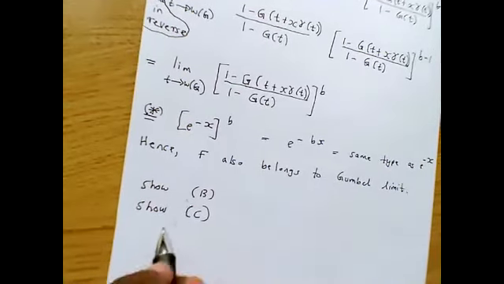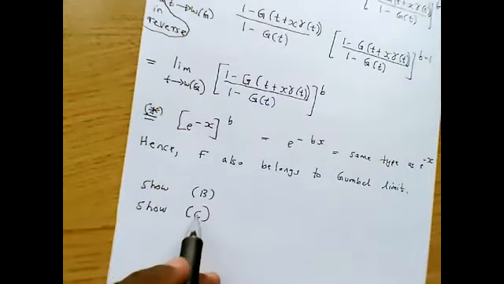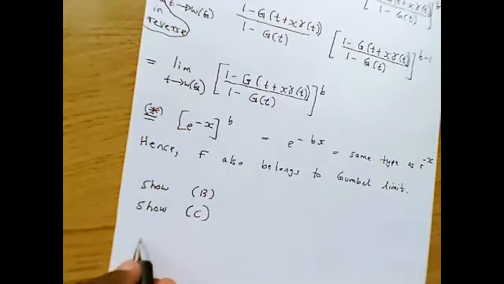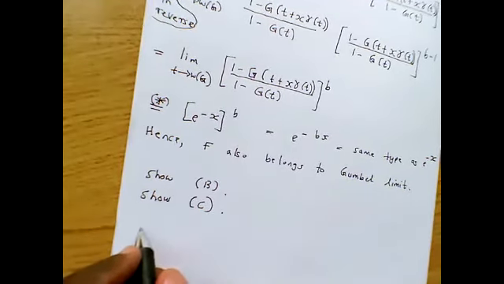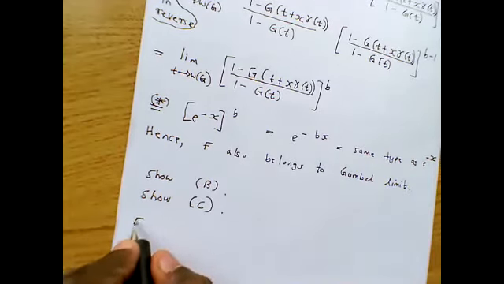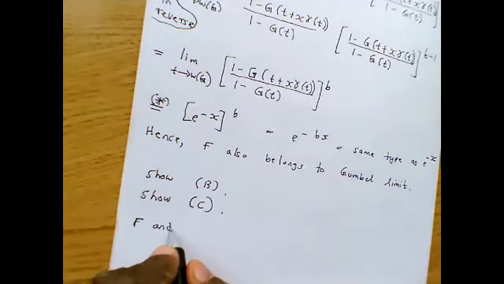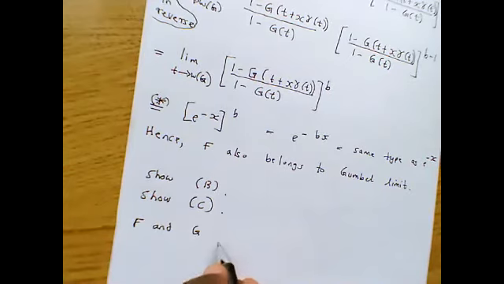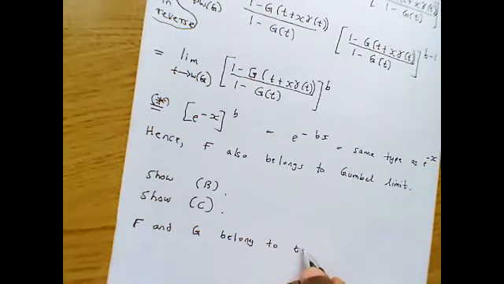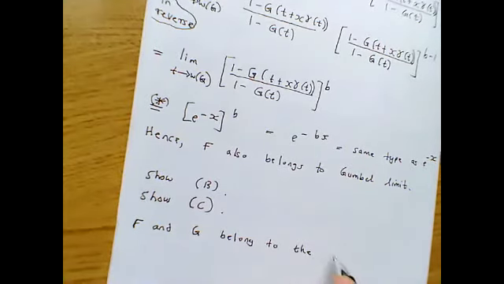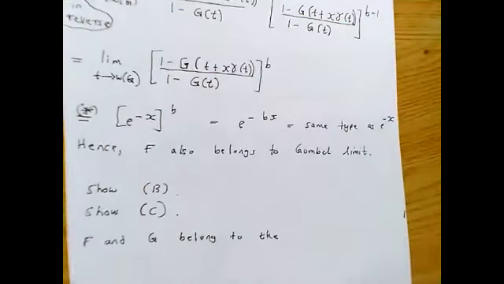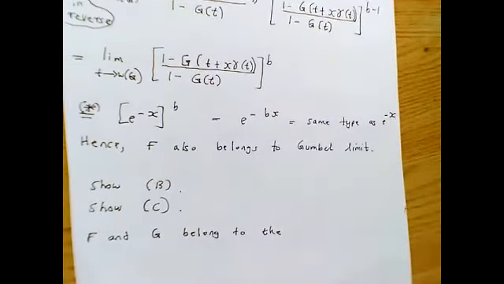Then after you show all A, B, and C, then you can conclude that F and G belong to the same max domain of attraction, right?